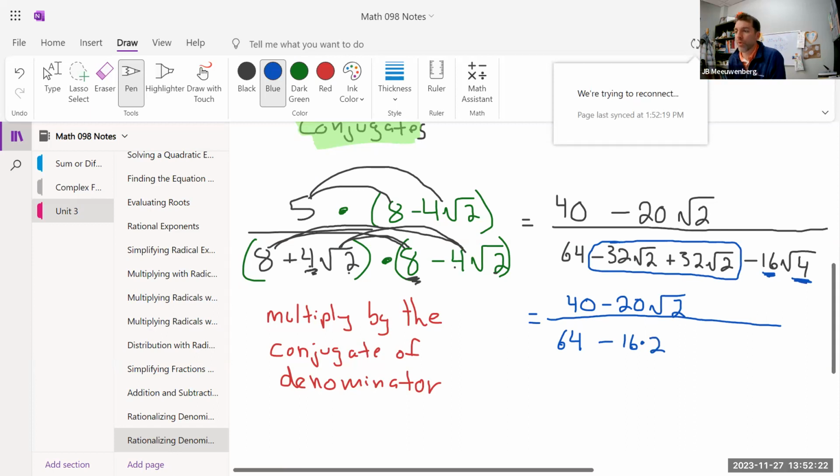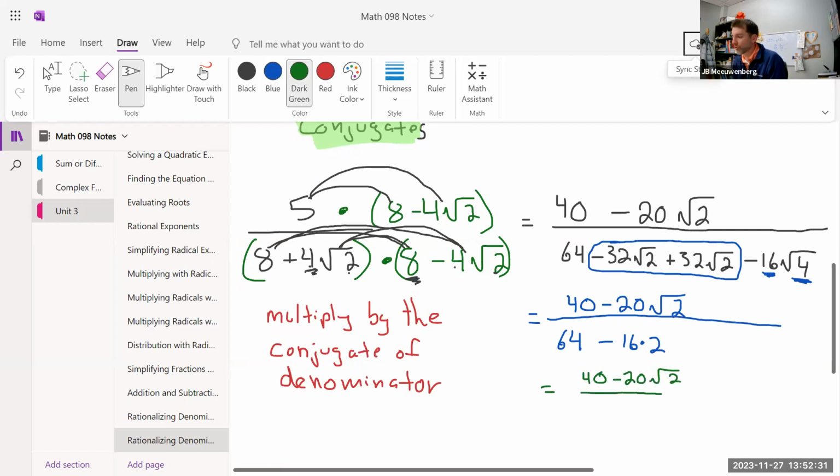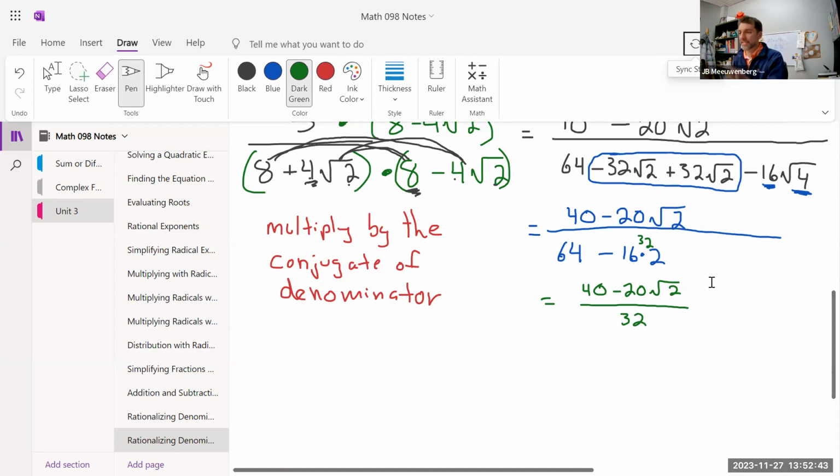That's what we wanted. We wanted that radical to disappear. Let's keep cleaning it up. 40 minus 20 radical 2 over 64 minus, this is 32. 64 minus 32 is 32. We are almost done. We have successfully rationalized the denominator.